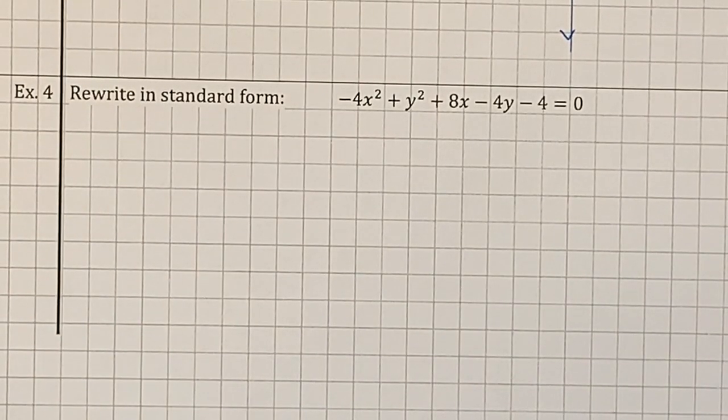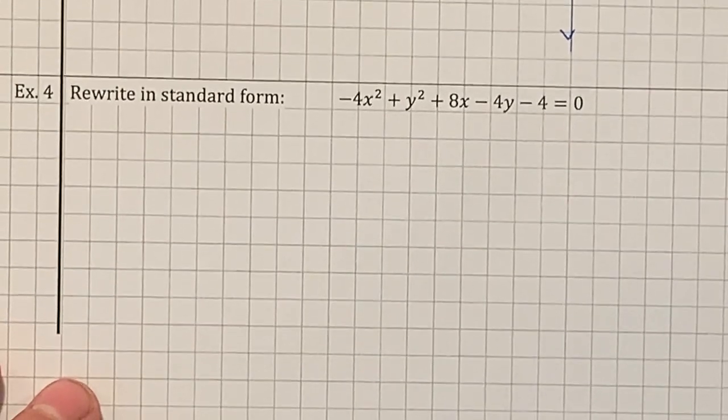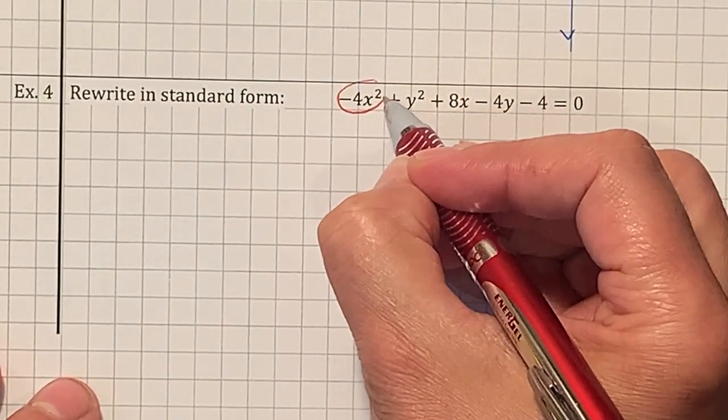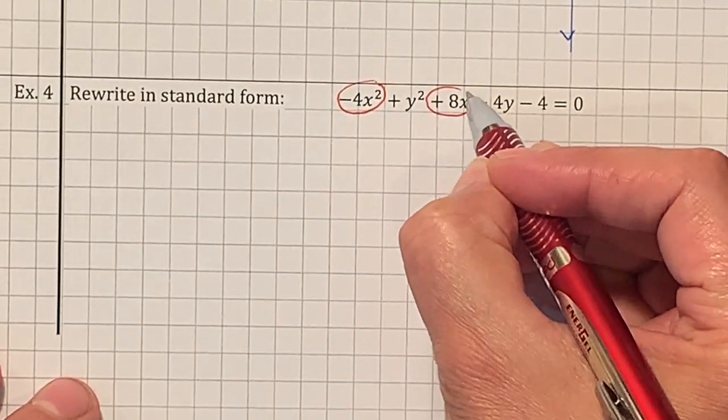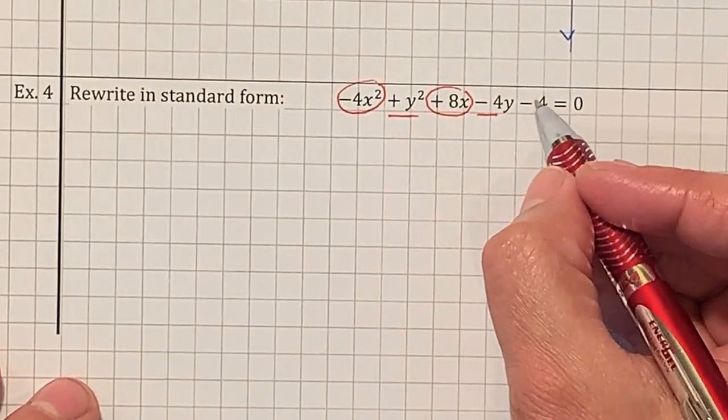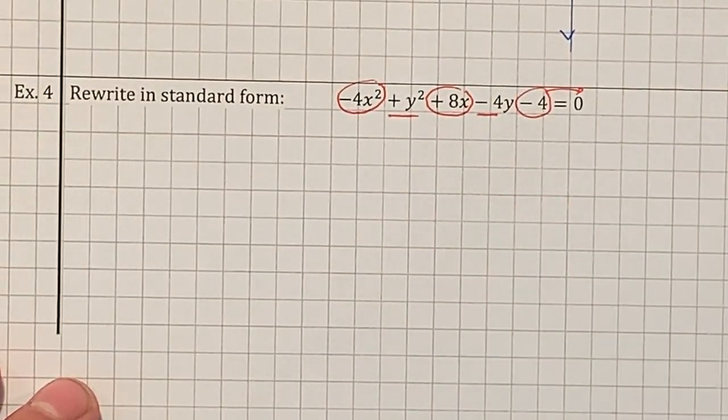So we just need to be able to rewrite it in standard form. So take a minute to write it down. So very similar to before. We're going to group your x's together, leave some space, group your y's together, leave some space, and move the 4 to the right.